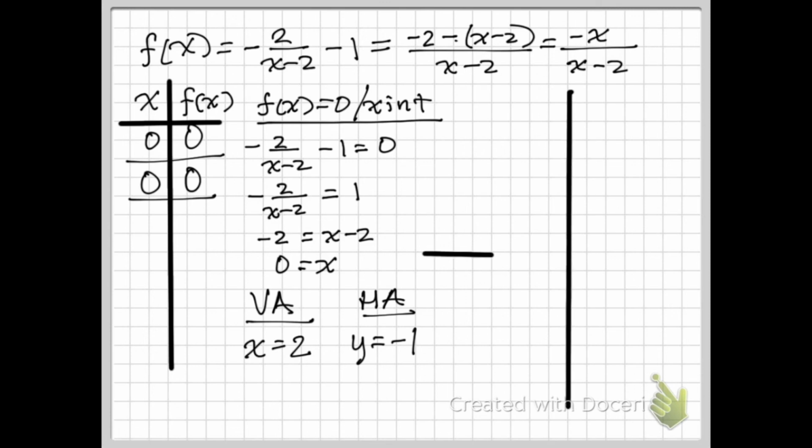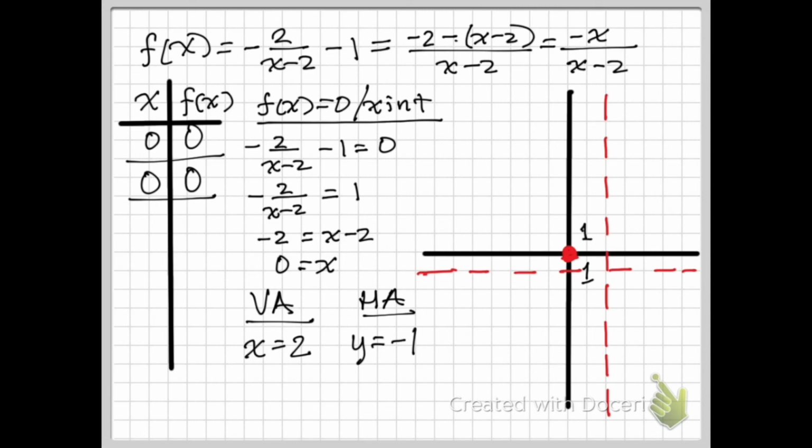Here and here. And I've got 0, 0, vertical asymptote at 2. I haven't written my scale down yet. Horizontal asymptote at -1. There. And I'll just squeeze my scale in here, 1, 1.